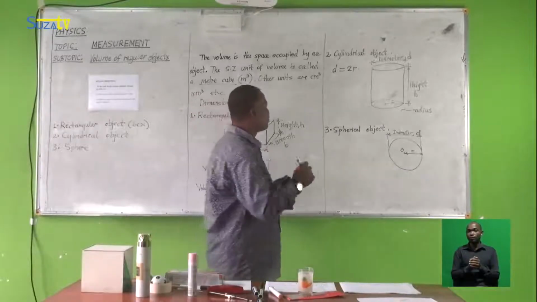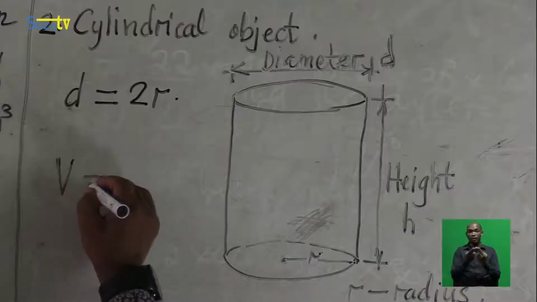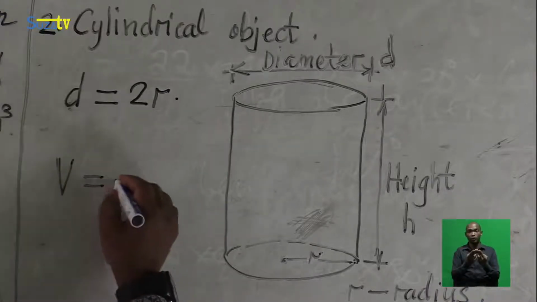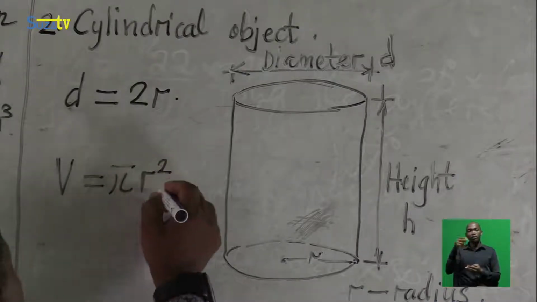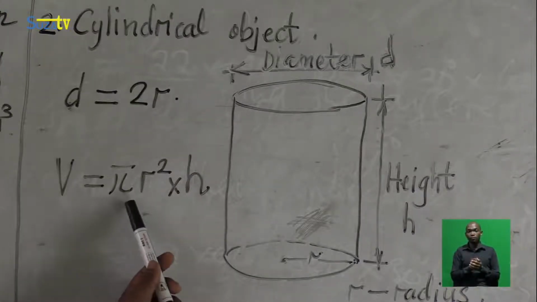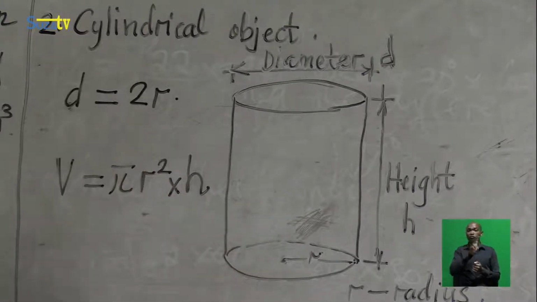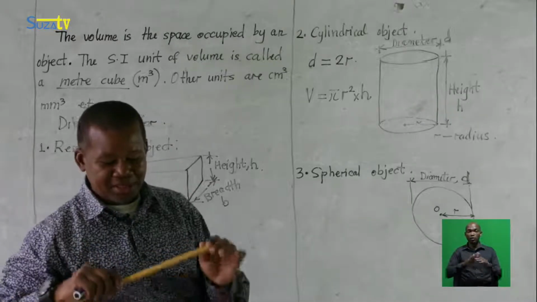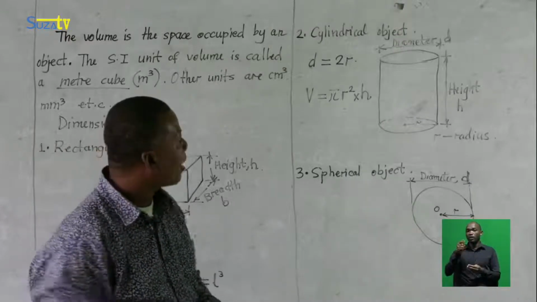Okay, so the volume of the cylindrical object V is equal to pi r squared times the height h. Of course, initially, we have seen how we can find the radius of the cylindrical object and the height by the use of our appropriate instruments, half meter rule, as well as a vernier caliper.